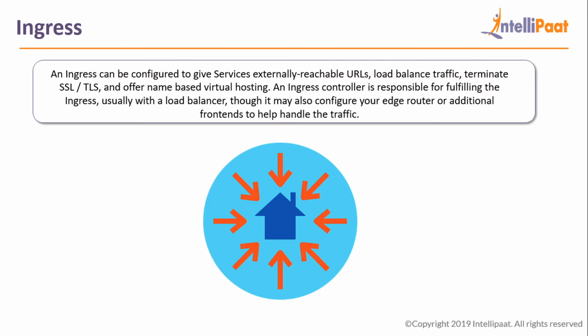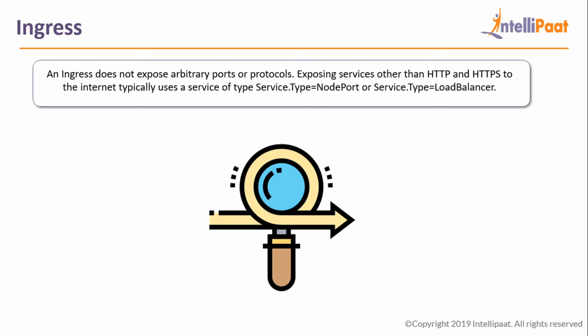It will basically help you with the load balancing, and it will give you an externally reachable URL that you can reach from the web so that you can get services which are not exposed to the internet. So an Ingress does not expose any arbitrary ports or protocols. This is something that you should know. It does not expose any arbitrary ports, and exposing services other than HTTP and HTTPS to the internet typically uses a service of type node port or type load balancer.